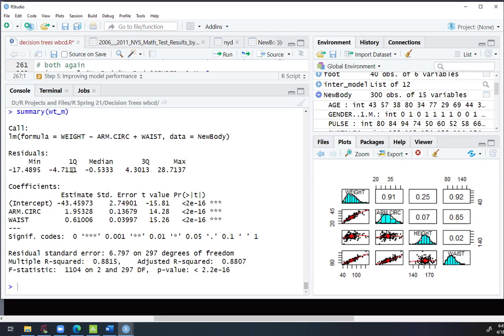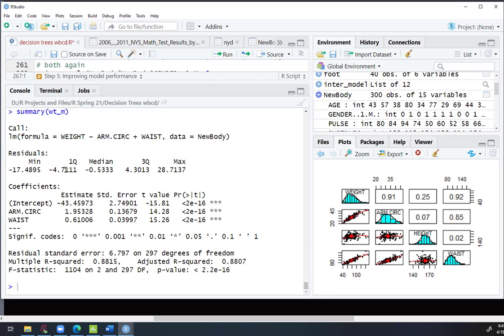Now I can see the first quartile, 1Q, and 3Q, the first and third quartiles. Between these two values, we're going to have 50% of our data. So 50% of the predictions are between negative 4.7 and positive 4.3. That's not 50% of the predictions, that's 50% of the error in the predictions.